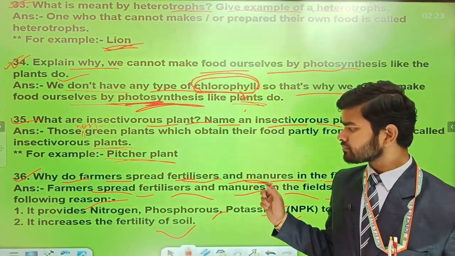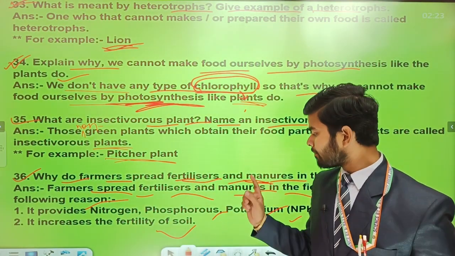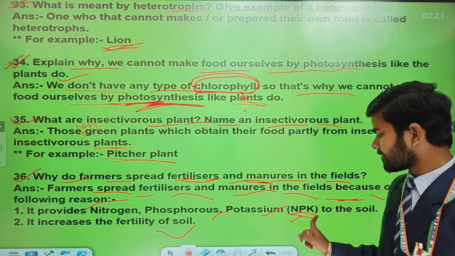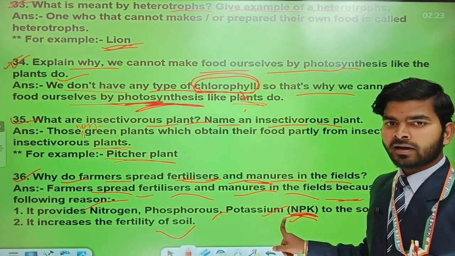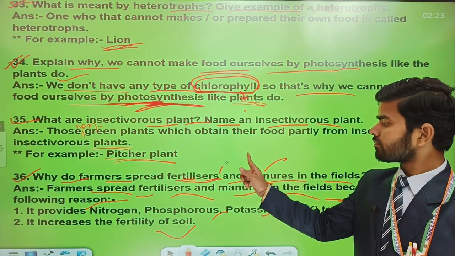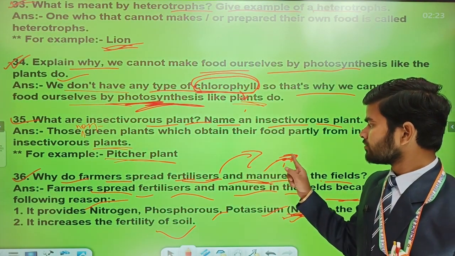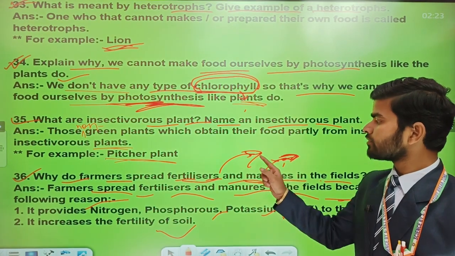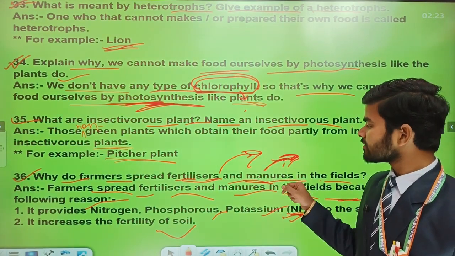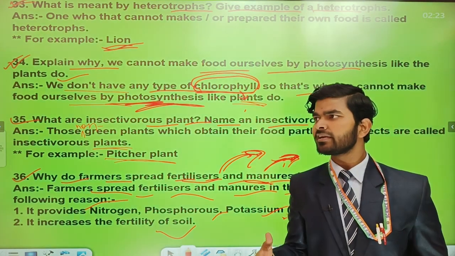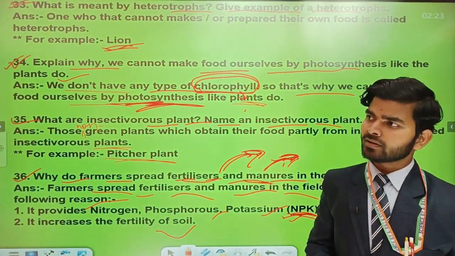I have told you manure contains NPK and fertilizer also contains NPK. After putting this manure or fertilizer, any one of them which is available at your home, the soil will get nutrients.